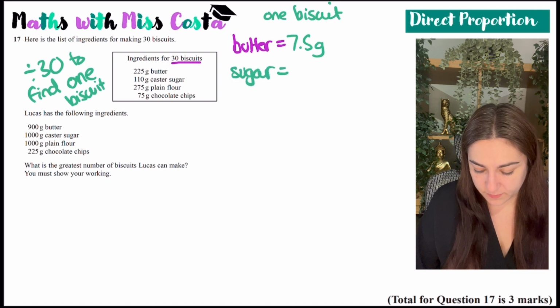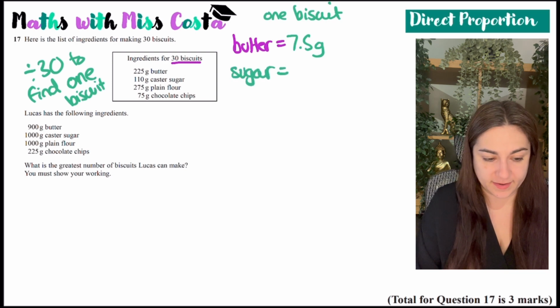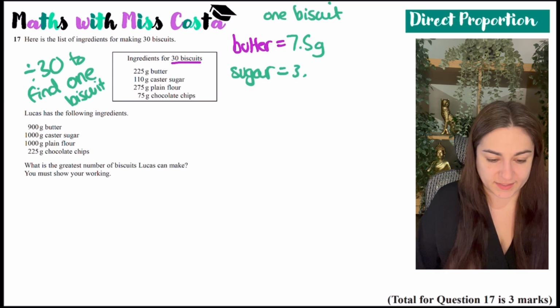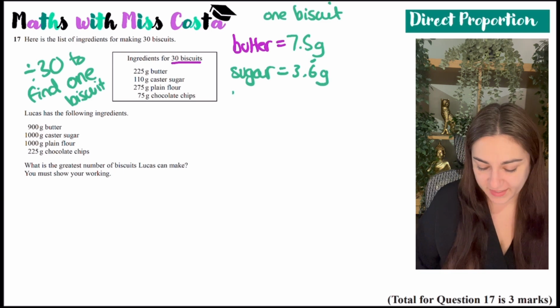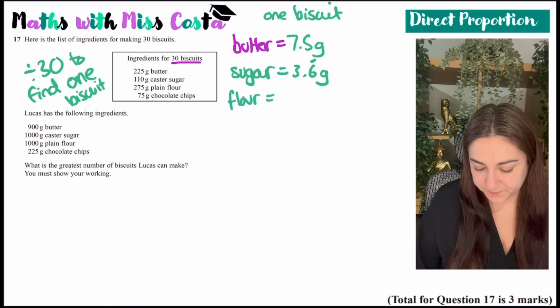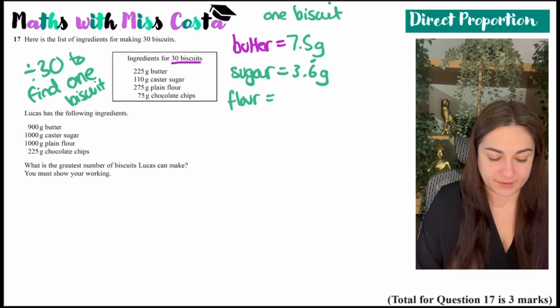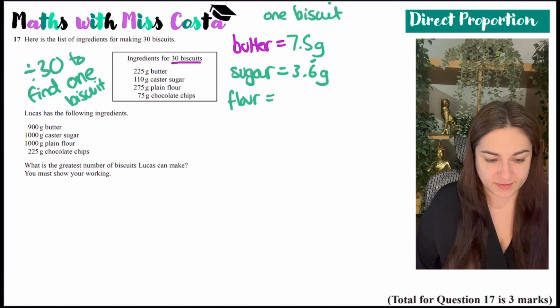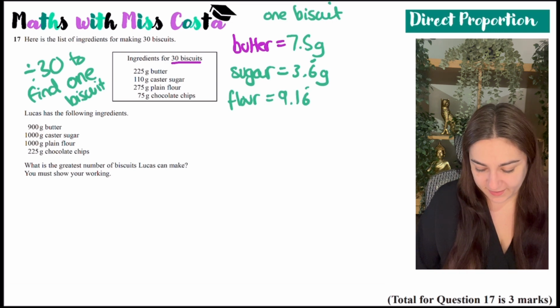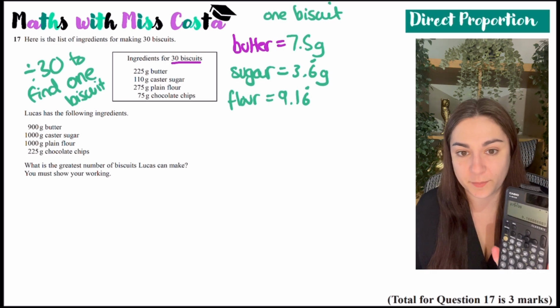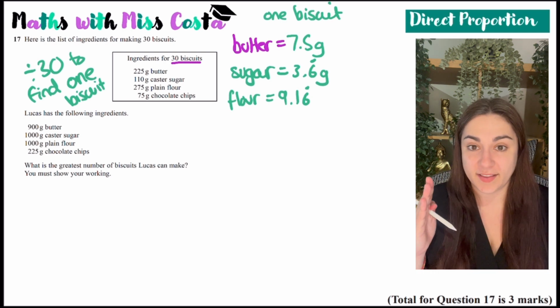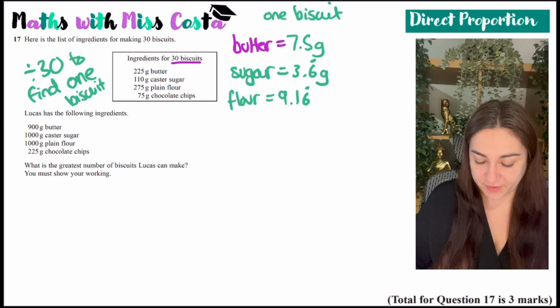Sugar, I'm going to do 110 divided by 30, which is 3.6 recurring grams. Not a great number. Flour, I'm going to do 275 divided by 30, which is 9.16 recurring. So just a little tip, sometimes in your calculator you're going to get a number like this where it says 9.16 and then it goes 66666 and at the end 7.